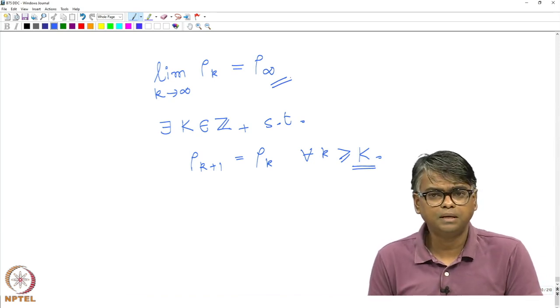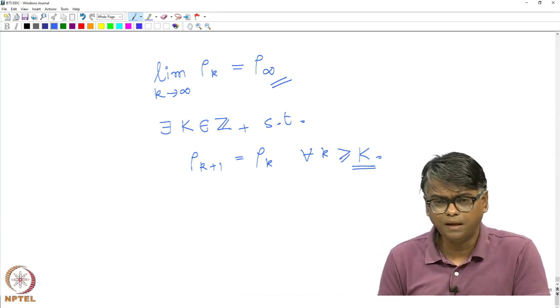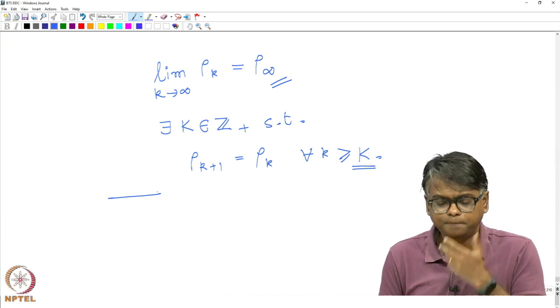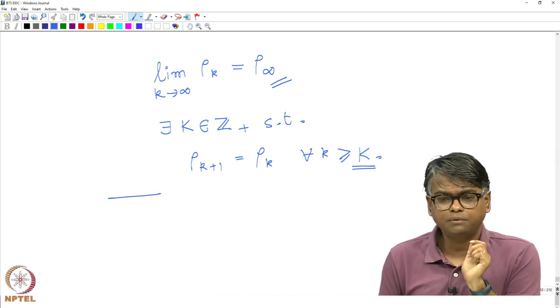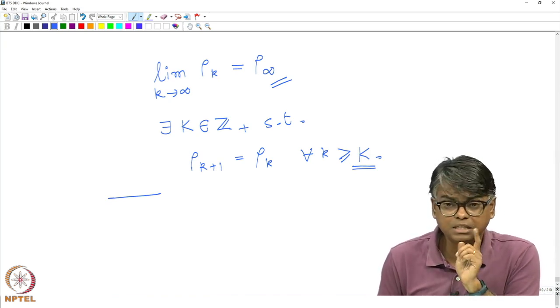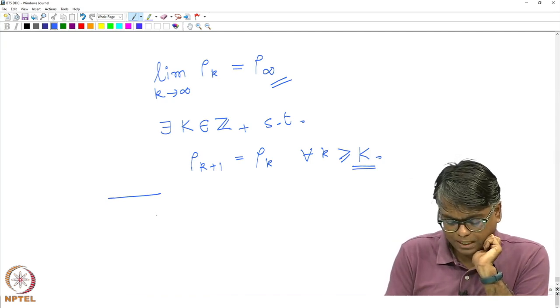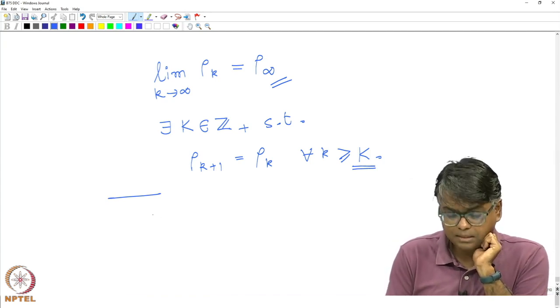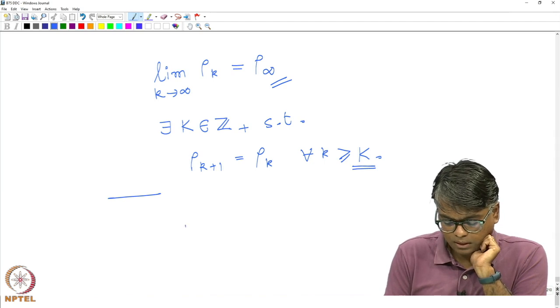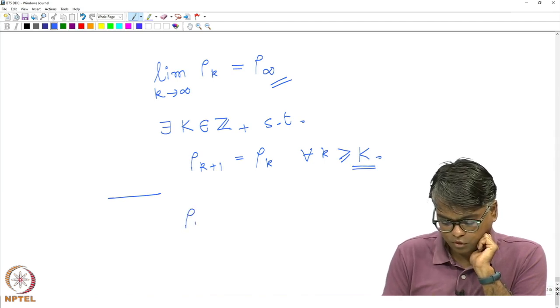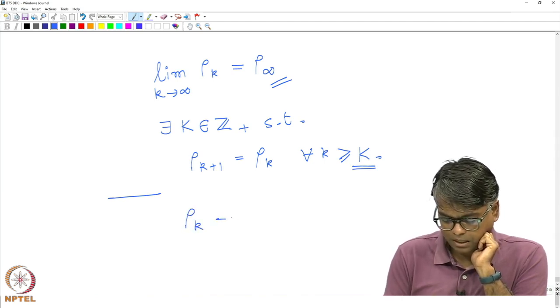So, this rho infinity will exist, but at the same time we will also notice the following. I said two consequences, this is one of the crucial consequences. The other crucial consequence is the following. Notice when I am calculating these numbers, what does this number signify? Rho k minus rho k plus 1.